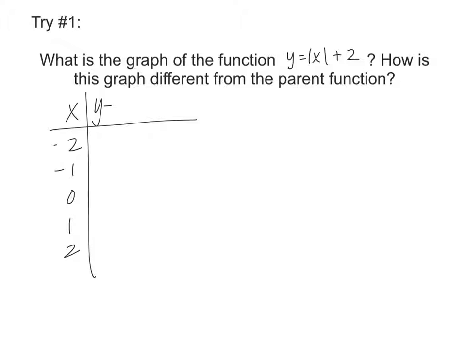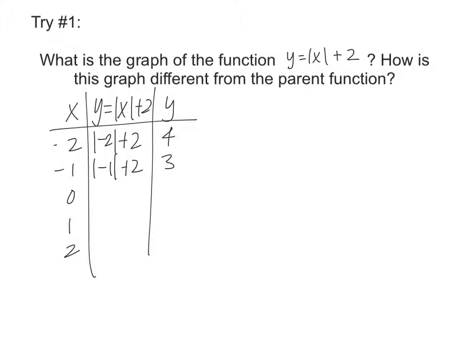That would give me the absolute value of -2 plus 2. The absolute value of -2 is 2, and 2 plus 2 is 4. Then the absolute value of -1 plus 2, that's really 1, so 1 plus 2 is 3. And then the absolute value of 0 plus 2 is 2.